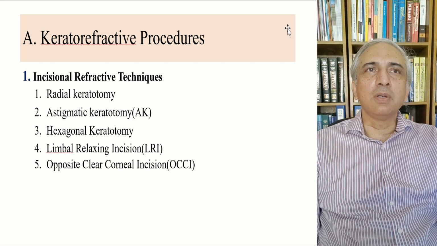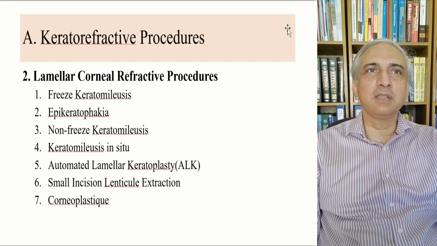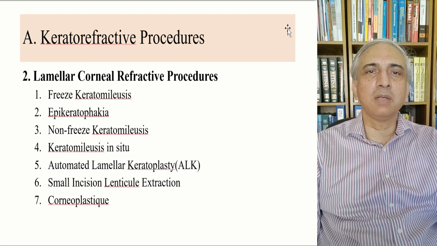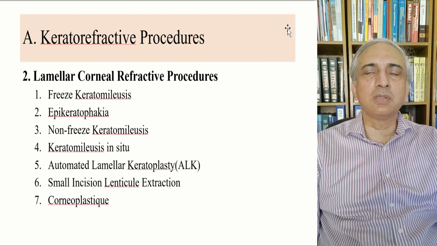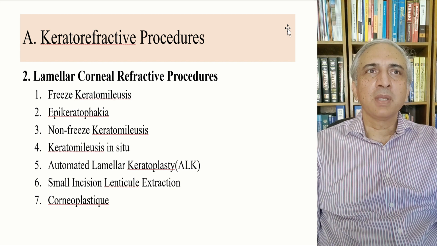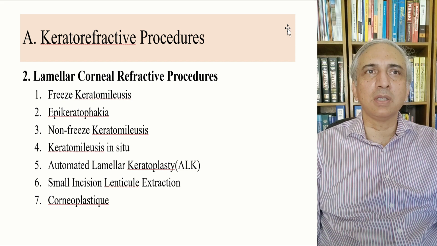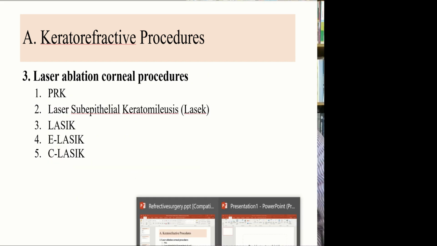Then we go on to lamellar corneal refractive procedures. Started off with freeze keratomileusis. Then we come on to epikeratophakia, and then keratomileusis in situ, and then automated lamellar keratoplasty, and small incision lenticule extraction, and then we've got the corneoplastic.